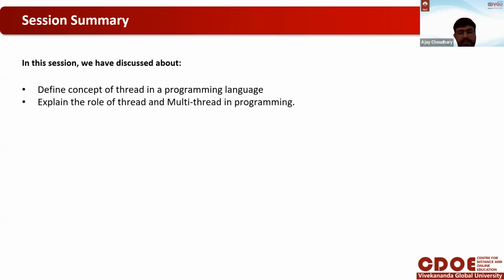What is multi-threading? Multi-threading means when we submit many instructions at one time for processing, it is called multi-threaded. What is a semaphore? We want to avoid any kind of race condition in our programming.